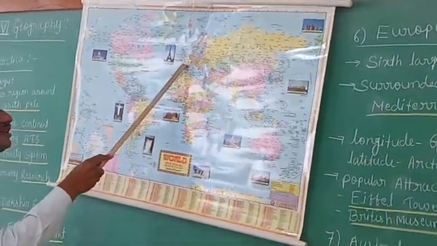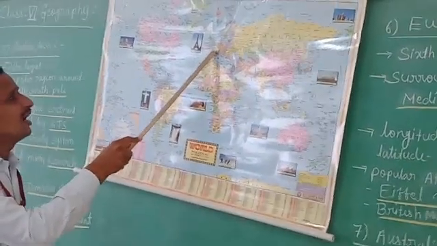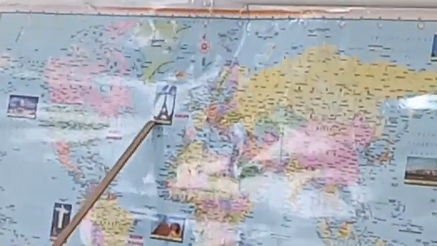Children, you see in the map. This is the France country. Here is the Eiffel Tower, and in the map the picture of the Eiffel Tower is also given here. You see the picture of the Eiffel Tower, of Paris in France.